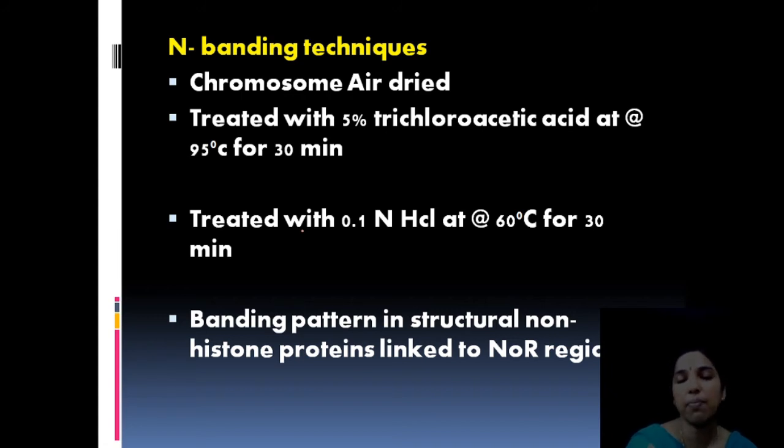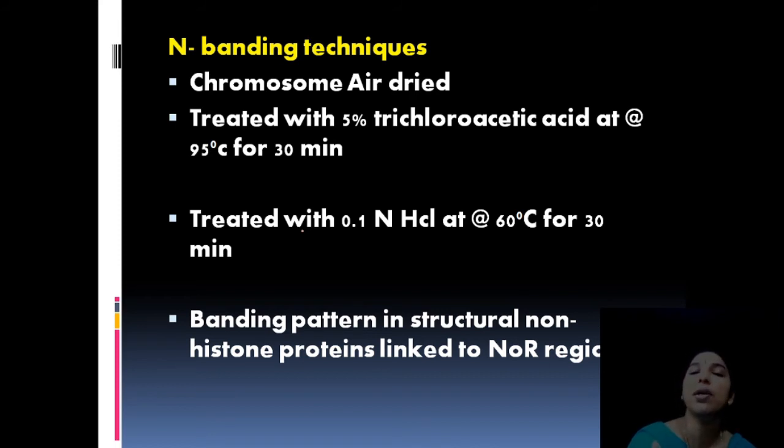In the banding pattern, only chromosomes that are attached or near the nucleolar organizer region can be visible, and this is a structural non-histone protein linked to the NOR region. So, this is very important: the nucleolar organizer region, that part is visible only by using this N-banding technique.